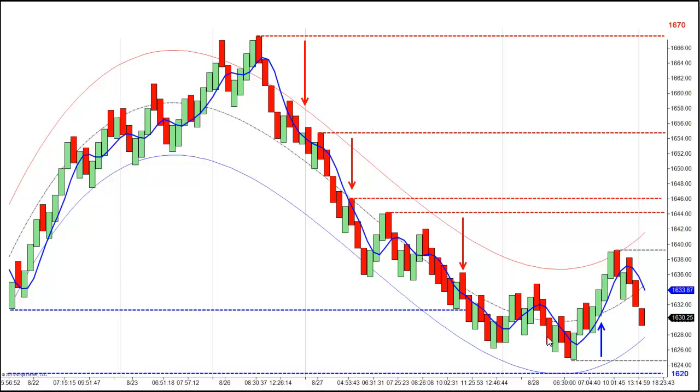Buying interest entered at the low, and the S&P rallied above the overnight high and auctioned up to 1639, shy of the current near-term resistance levels, designated up at 1644 and 1646.